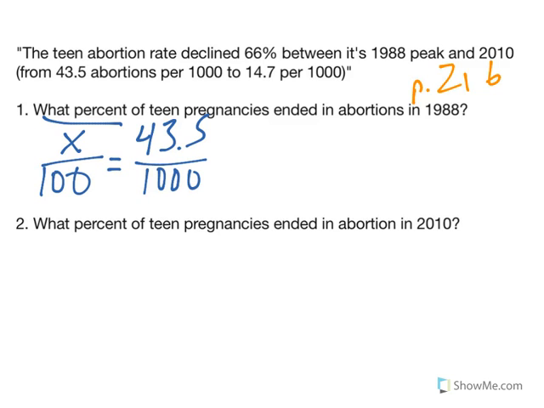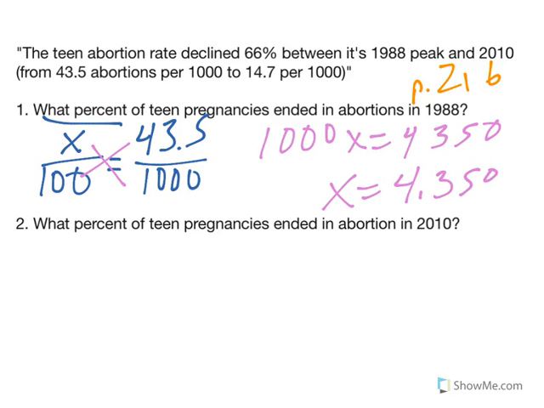Hopefully you remember solving proportions, cross multiply, so 1,000x equals 4,350. And we divide both sides by 1,000, and we end up with 4.35%. So 4.35% of teen pregnancies resulted in abortions in 1988.